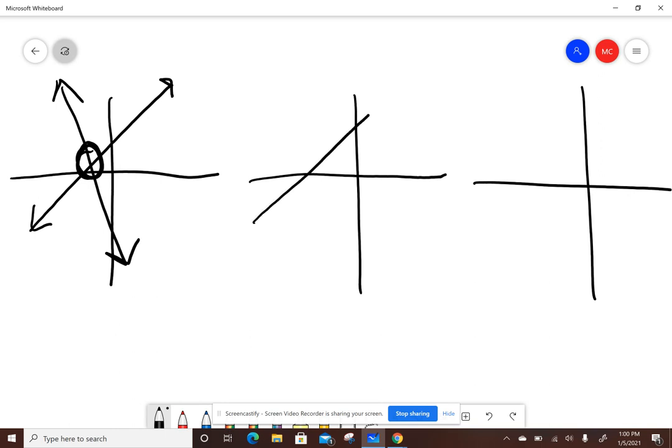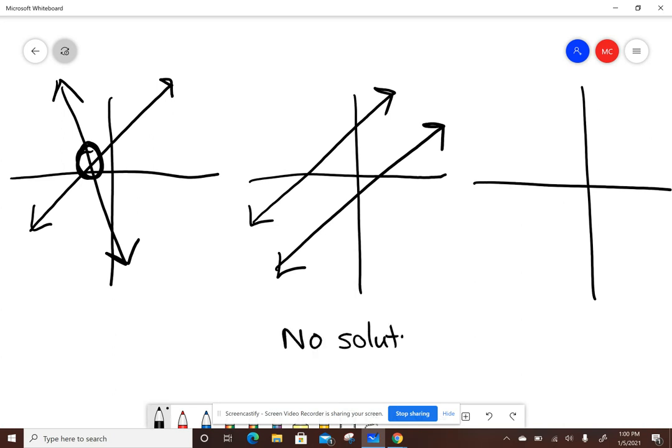Now, another possibility is that your 2 straight lines look like this, and they're parallel. Now, if they're parallel, they're never going to intersect. So if they are parallel and they never intersect, there is no solution to your system because your two equations will never share a solution.